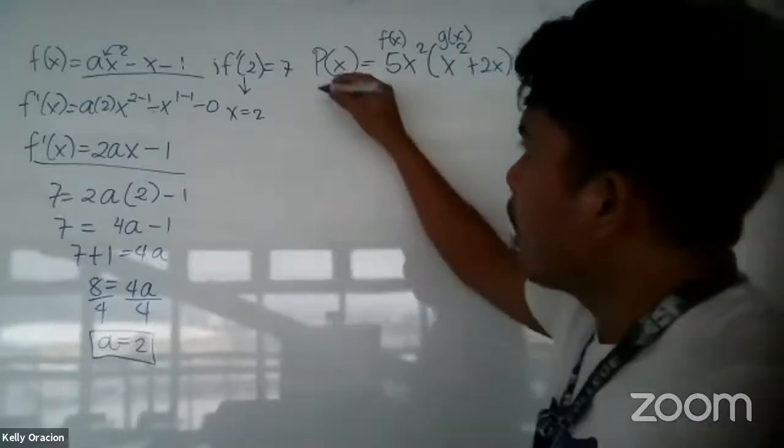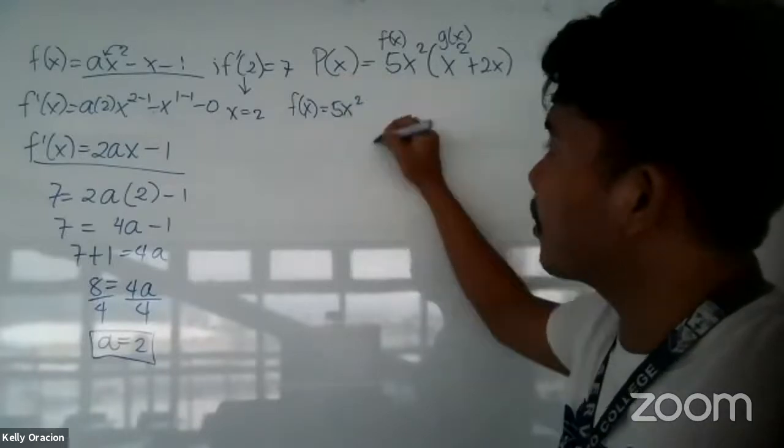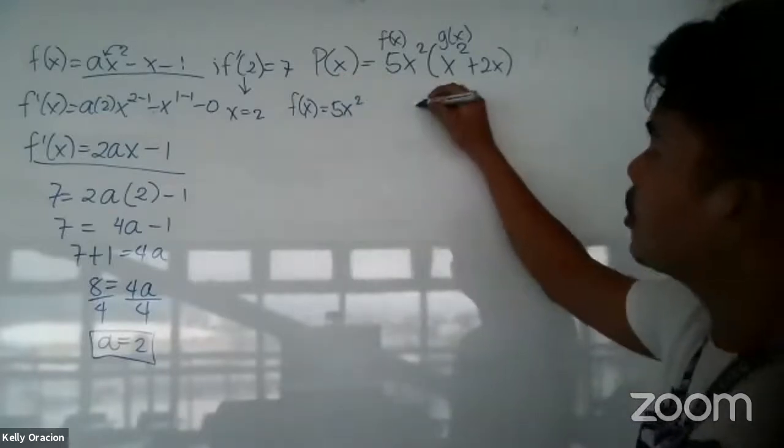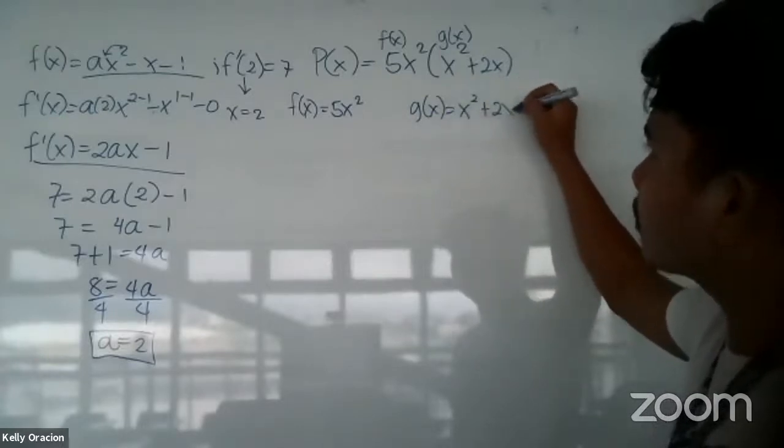So our f of x is 5x squared. Our g of x is x squared plus 2x.